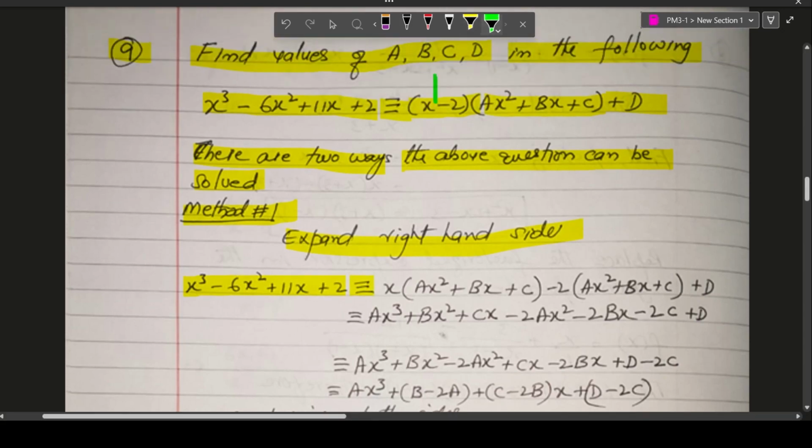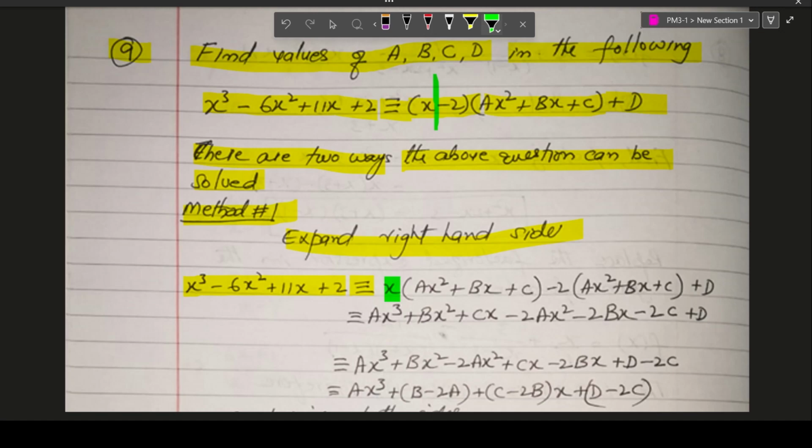Break this from here: x times the second bracket, then minus 2 times once again the same bracket, because since both the brackets are multiplying, the second bracket must be multiplied with both the terms one by one. Finally plus d.